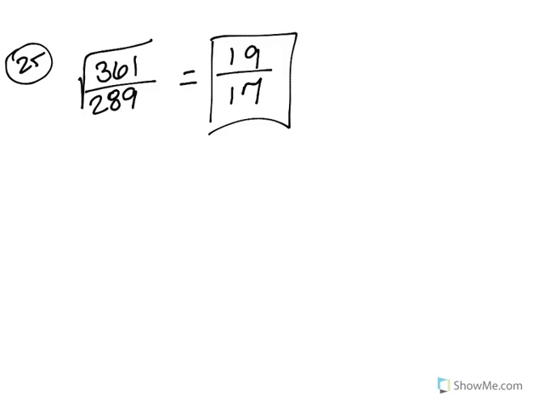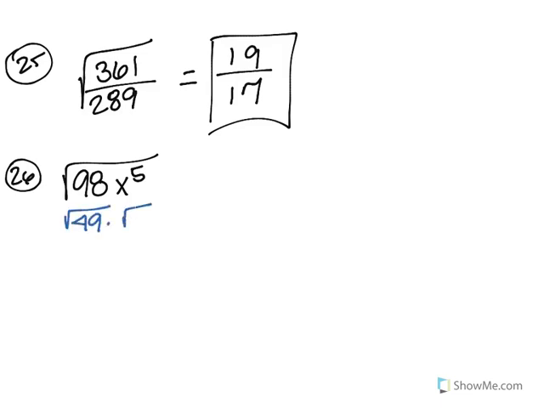Okay. Then 26, we have the square root of 98 x to the 5th. So you would need your table because 98 is not a perfect square. But what perfect square would be in 98? 49 times 2. So we know the square root of 49 is 7.